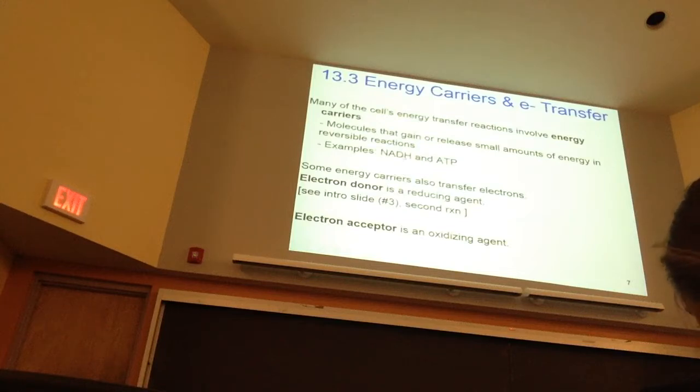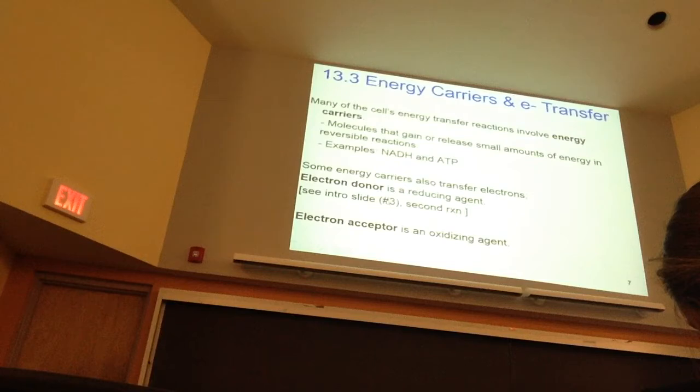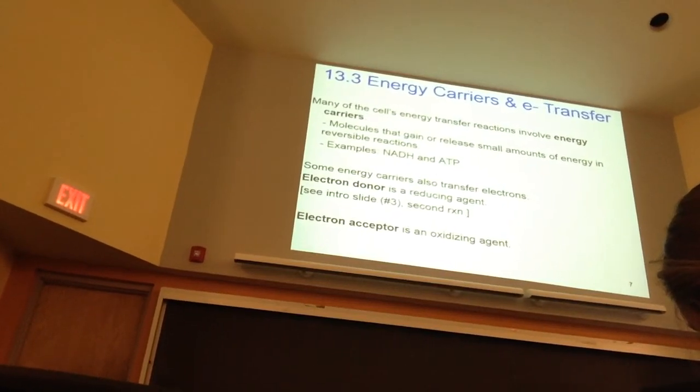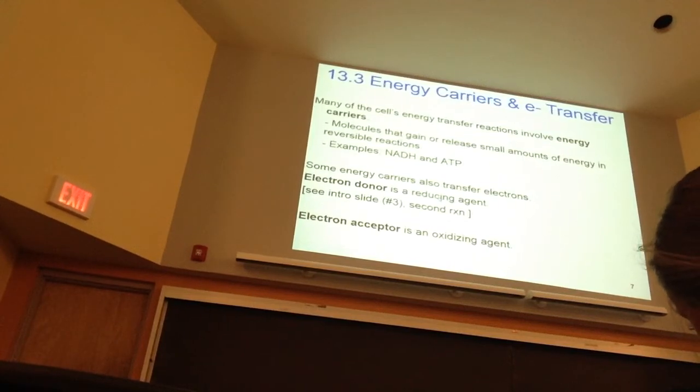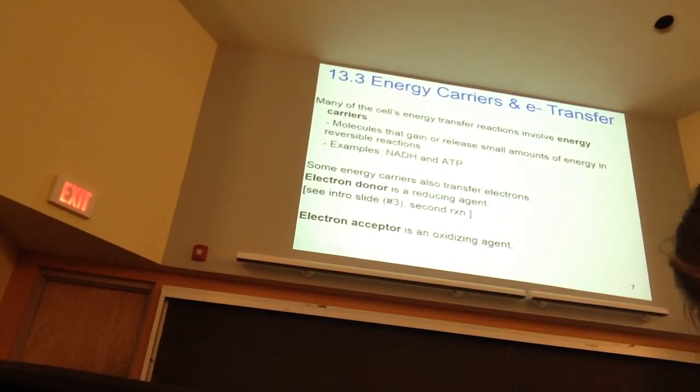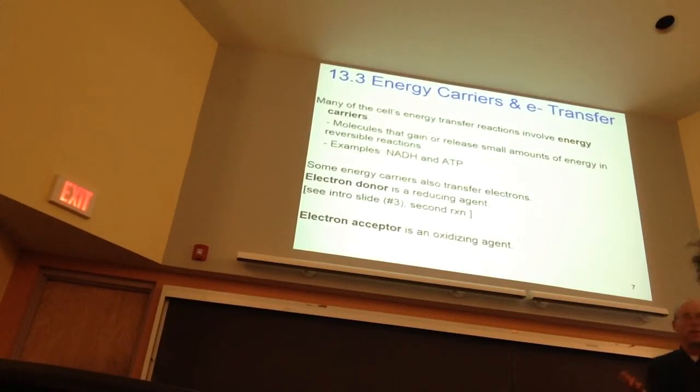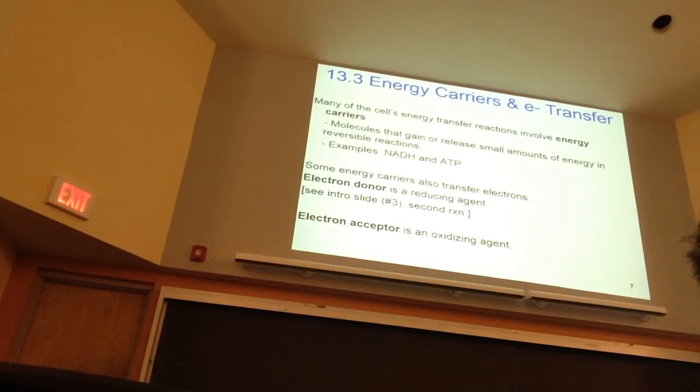And NADH functions directly as an electron carrier. And so that's what we're talking about, donating electrons and accepting electrons. An electron donor is an agent that reduces other compounds. And so remember, when we're talking about electron transfer, an electron is a negatively charged subatomic particle that reduces the charge of whatever it receives.